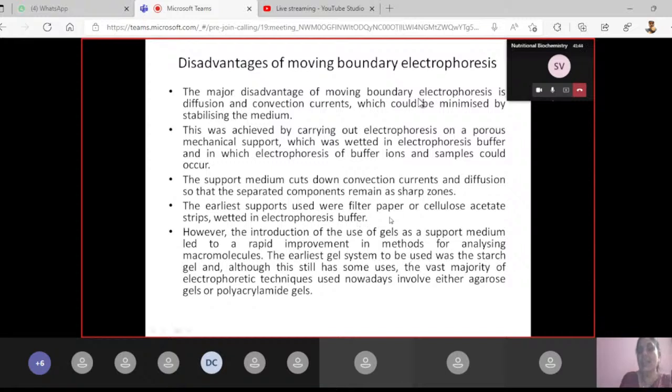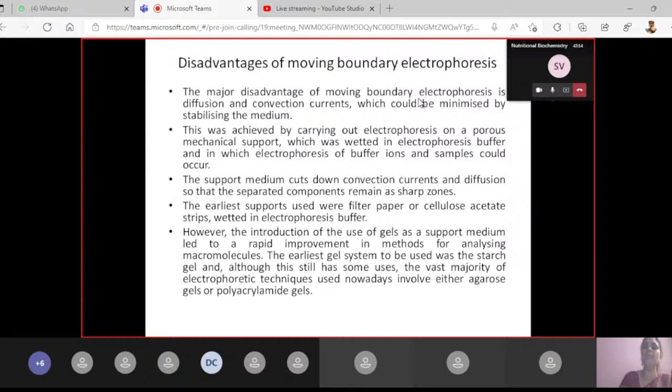Since with paper and cellulose acetate you cannot alter the size of the pores, they started looking for other alternatives where you can change the pore size of the supporting material so that you can separate your molecules based on size. If you want to separate smaller molecules, you can use smaller pore size. If you want to separate larger molecules, you can use larger pore size.